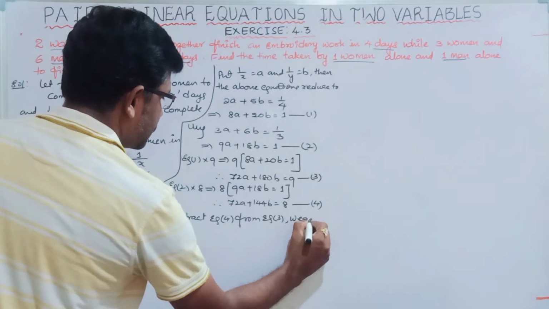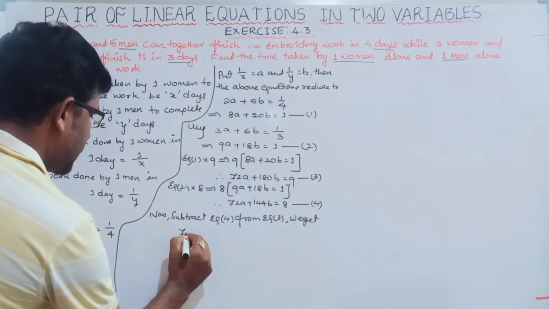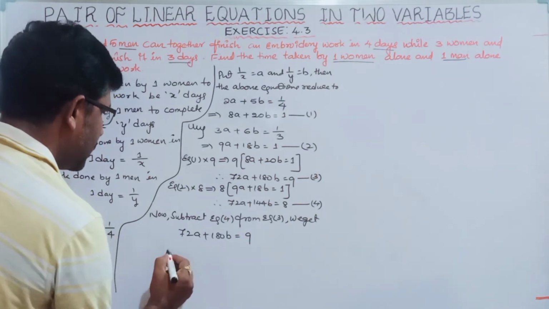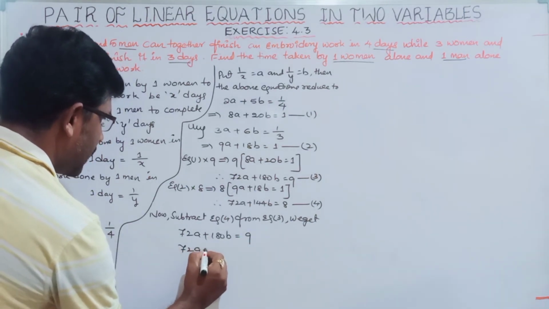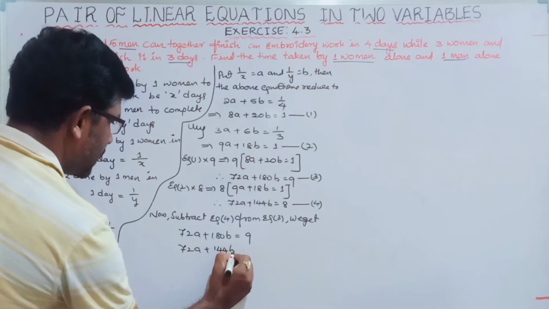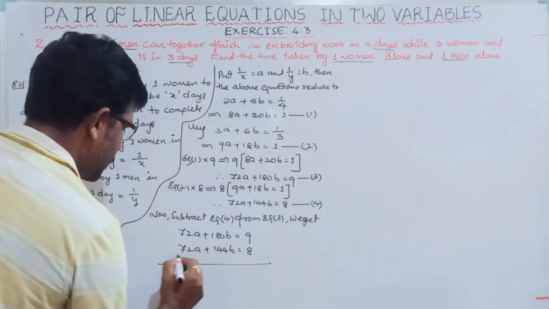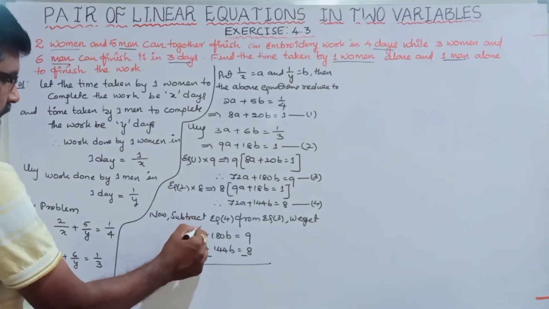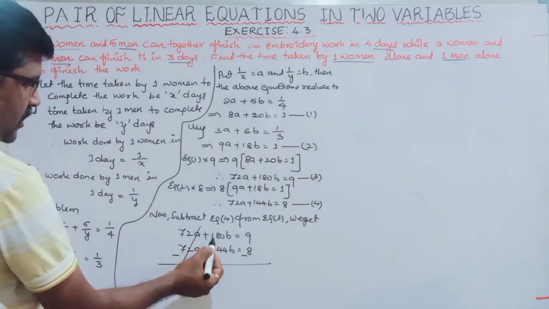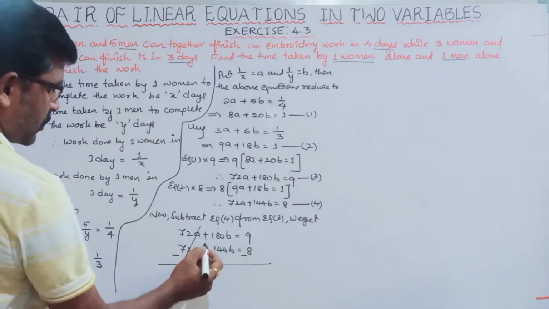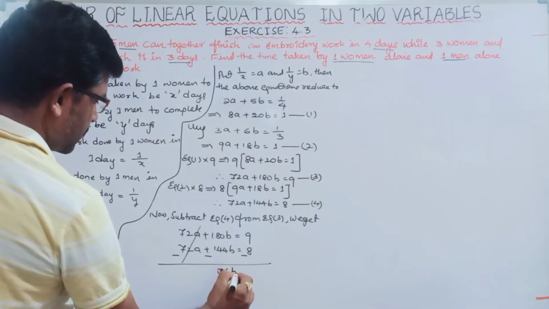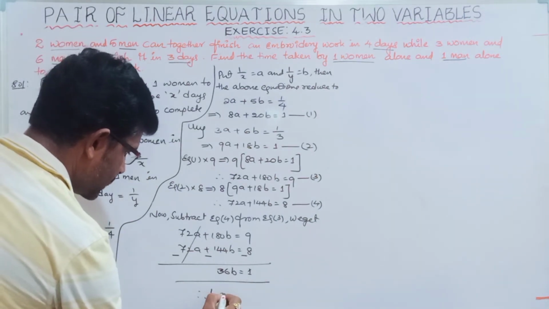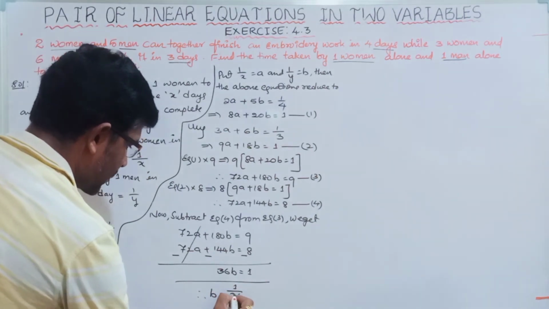We get 72a plus 180b is equals to 9, 72a plus 144b is equals to 8. So minus minus minus. Here 72a minus 72a will get cancelled. 180 minus 144, that is 36b is equals to 1. Therefore, b is equals to 1 by 36.